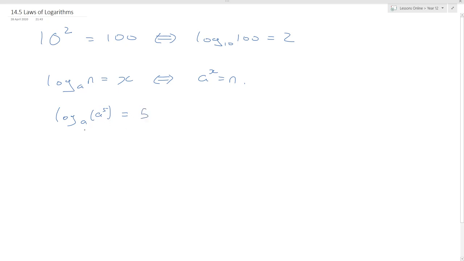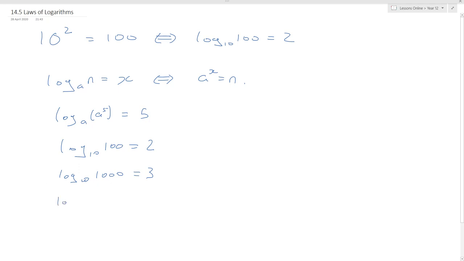So if you have a base and a number raised to a power, where the base and the base of the power are the same, our solution is always going to be the power. So if we had log to the base 10 of 100, our solution is going to be 2. Log to the base 10 of 1000, and our solution is going to be 3.